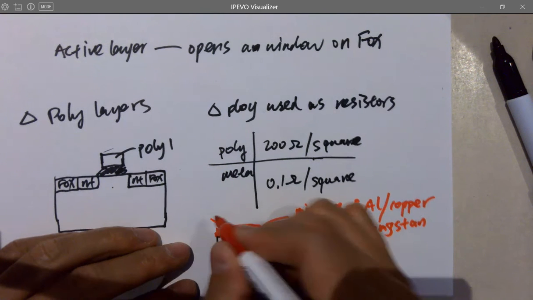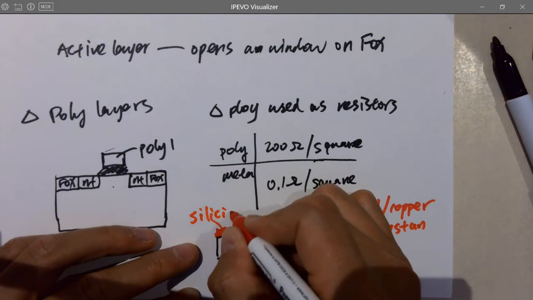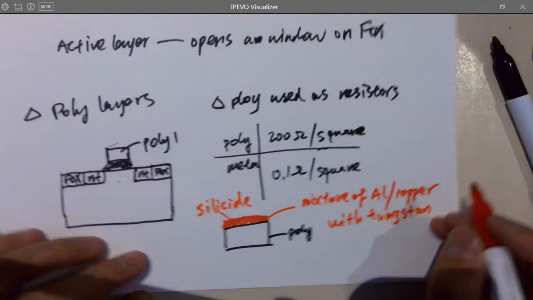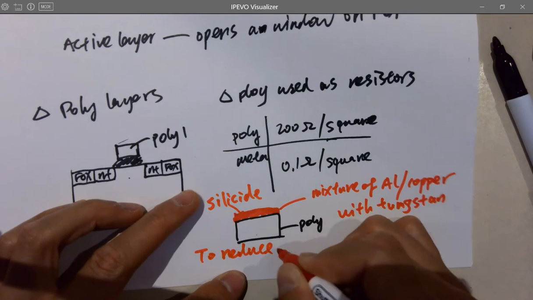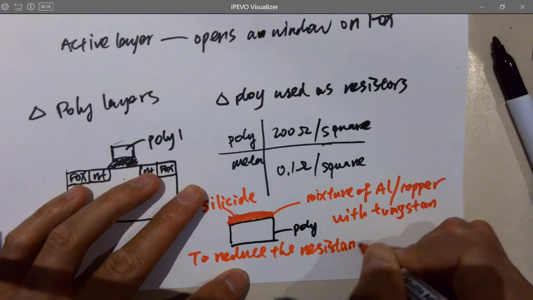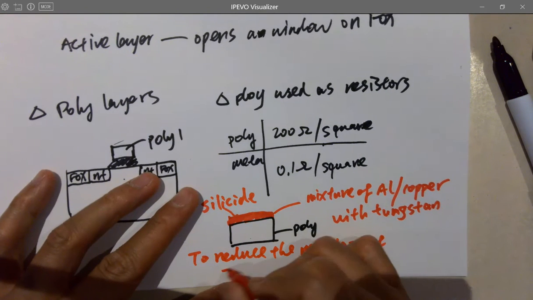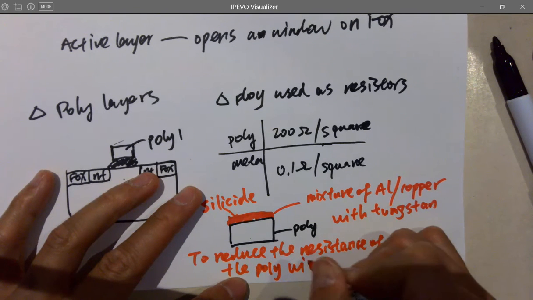And this is called silicide. To reduce the resistance of the poly wires.